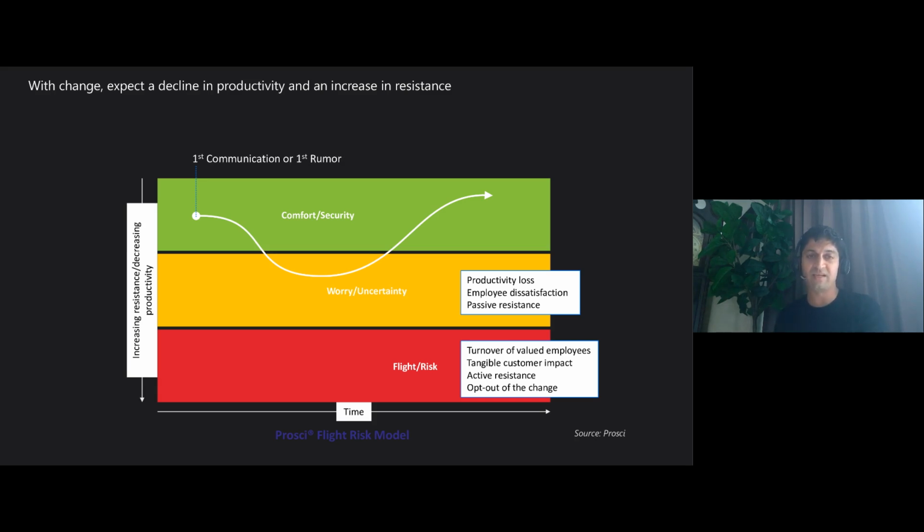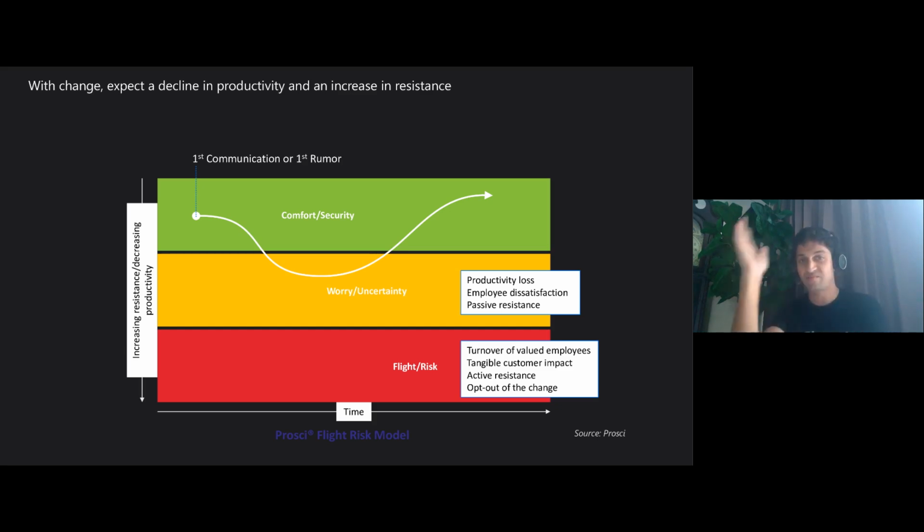Typically, anytime there is a change happening, you're in your comfort zone, you hear about the change, there could be a rumor, so maybe it's not through the official channels, but you hear rumors of the change and you worry. You think, is it going to impact my day-to-day work? Is it going to impact my job? Will I lose my job?